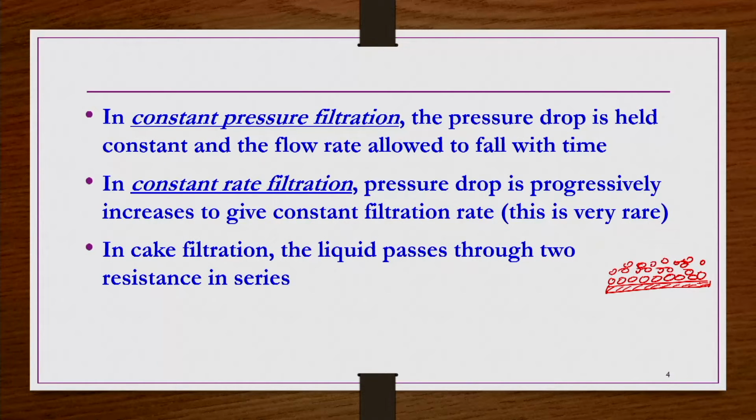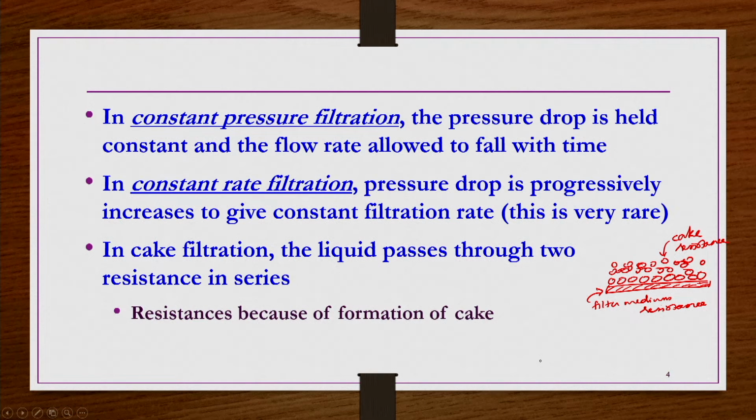So, there are two resistances: one is the filter medium resistance, and another is the resistance due to the cake formation, or cake resistance. These two resistances are possible in general in a given cake filtration process.